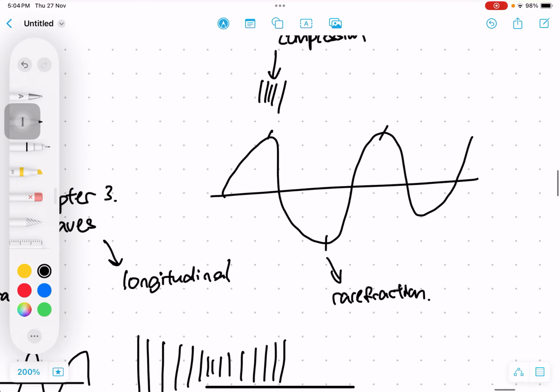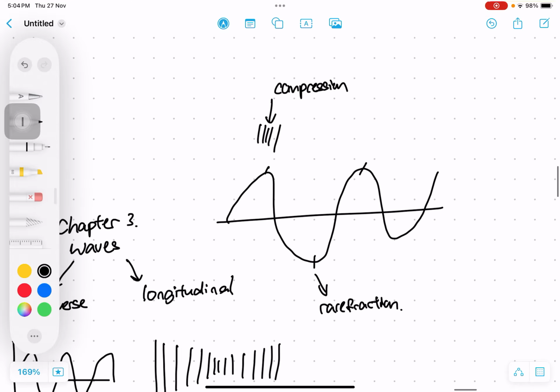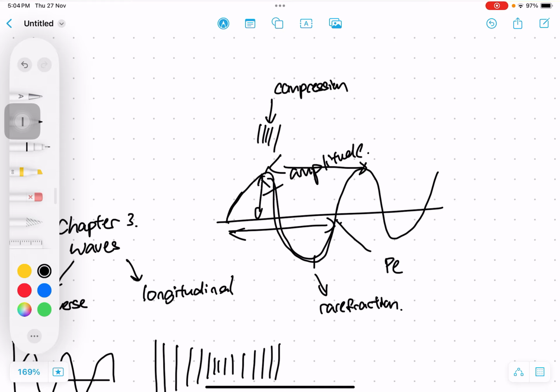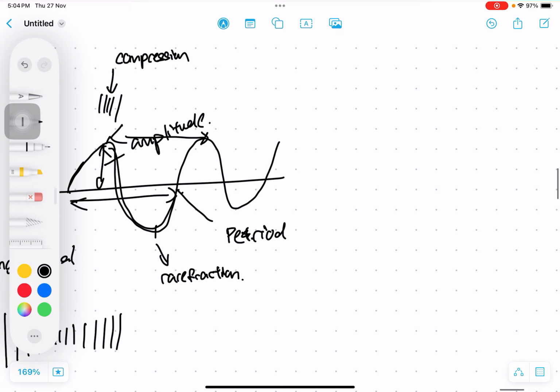Okay, so this is the main basic thing, and this is the amplitude, very easy, amplitude. And this one is a wavelength. Or here is also wavelength, and one cycle we call a period. Period means how many seconds it takes for one cycle.